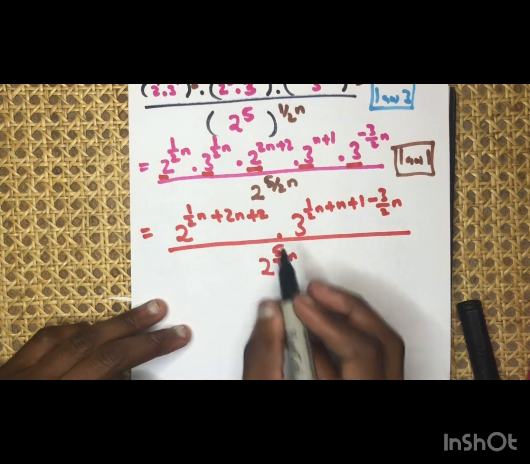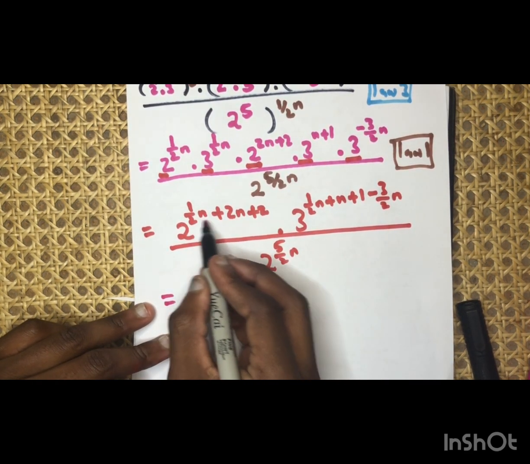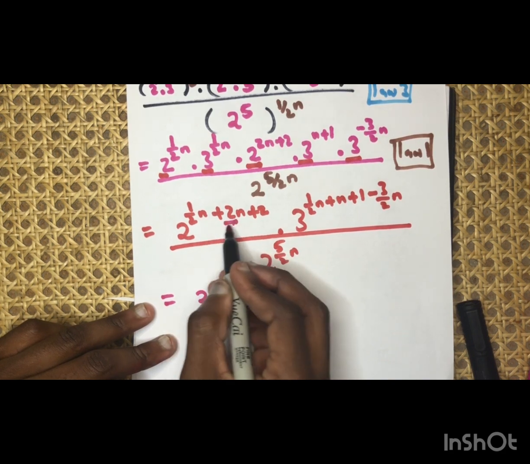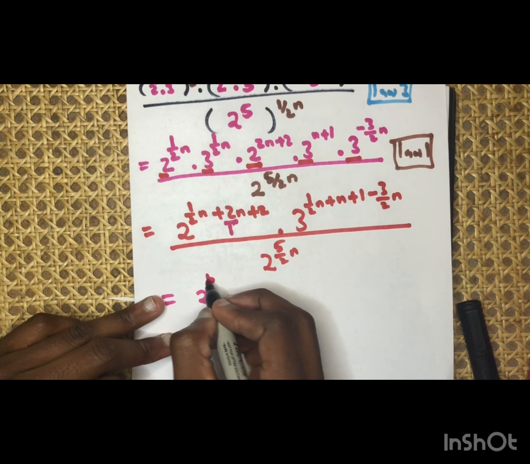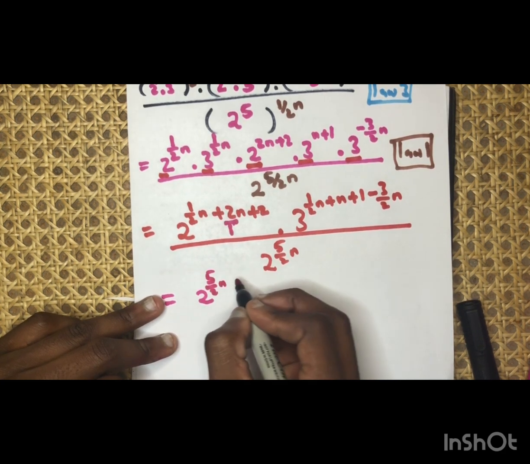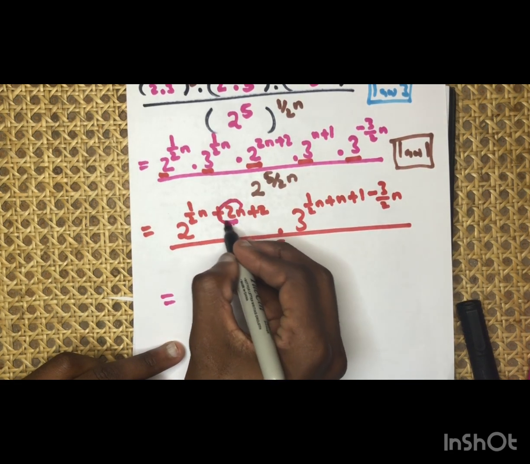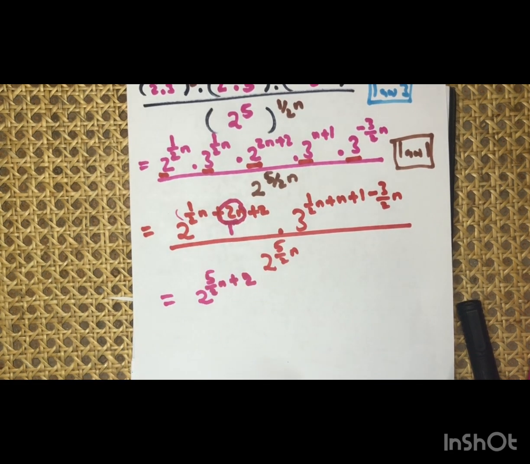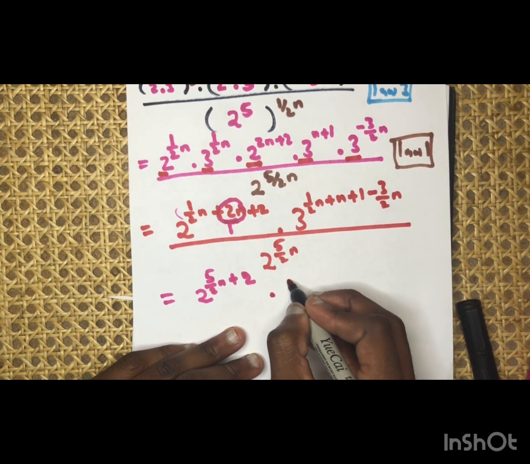Now I'm going to simplify the numerator. So if I simplify the numerator, half n plus 2n, we get 5 over 2n plus 2, because we added 2n plus half n, then we get 5 over 2n plus 2 times 3.